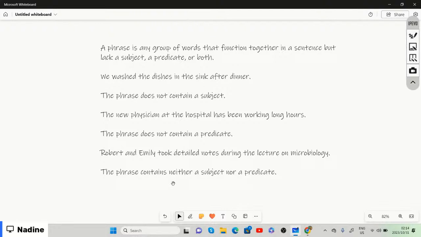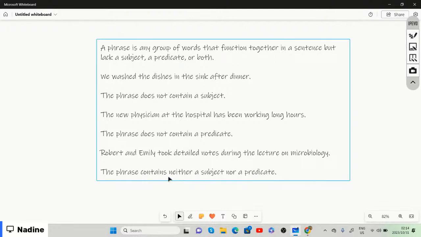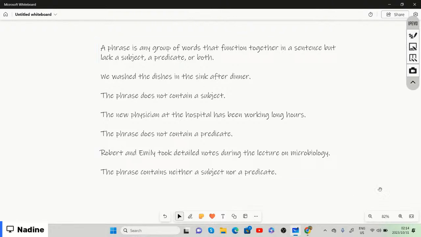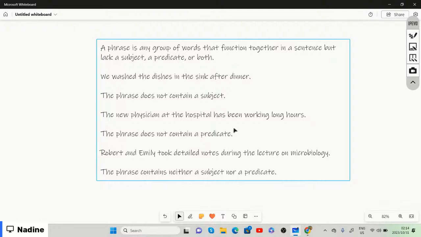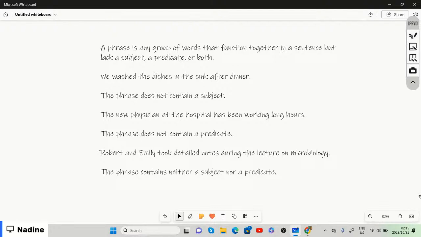It says here this phrase contains neither a subject nor a predicate. That doesn't make sense, because Robert and Emily is the person or thing that we are discussing, and took is a predicate. Detailed notes during the lecture on microbiology.